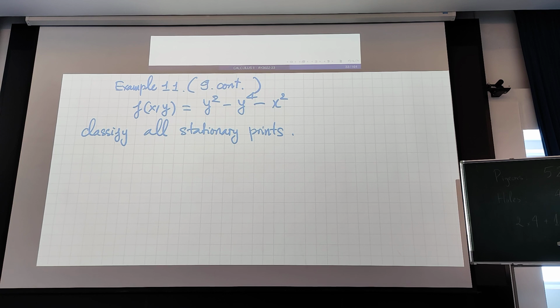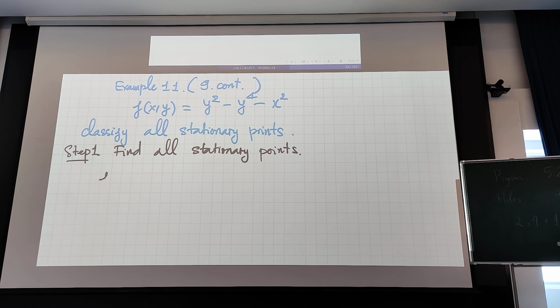So first step, we should find all the stationary points, right? Step 1. We need to find all stationary points. And you know, if we want to find the stationary points, we need to consider the first order partial derivatives, right?